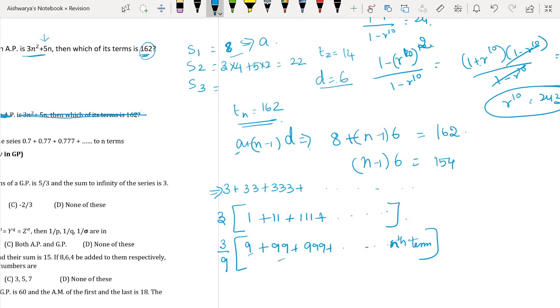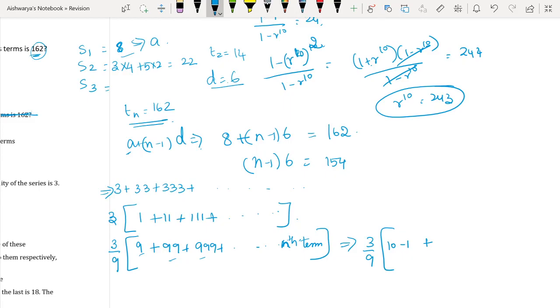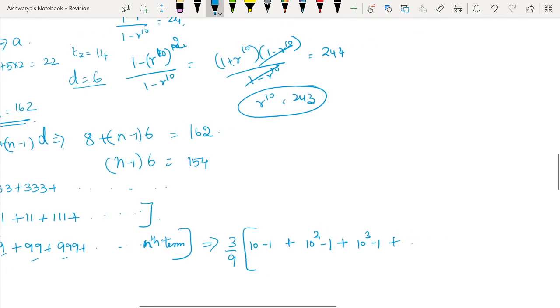Okay, now this 9, 99, 999, how are we going to rewrite this? We will write it as 10 minus 1, plus 99 is 100 minus 1, right? So 10 square minus 1, 999 is 10 cube minus 1 and so on. Now we can write the nth term as 10 power n minus 1.